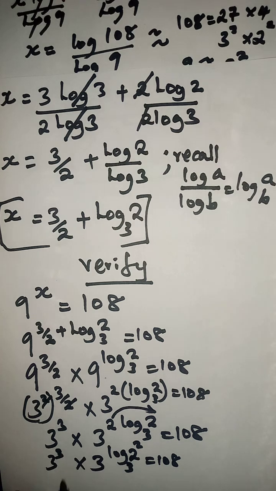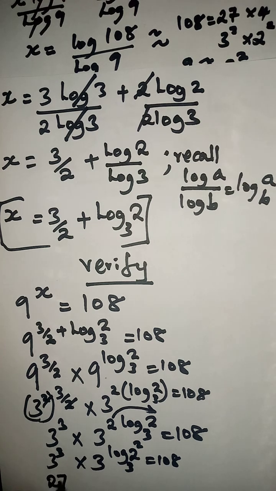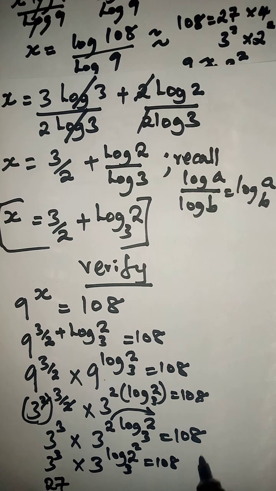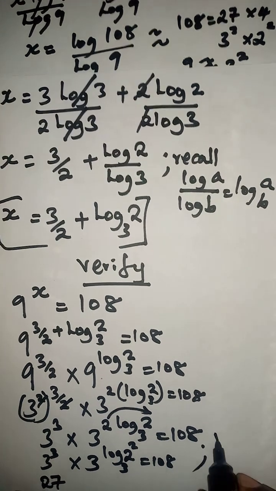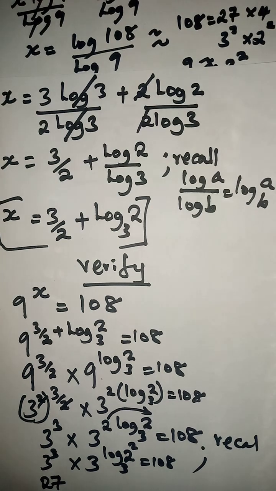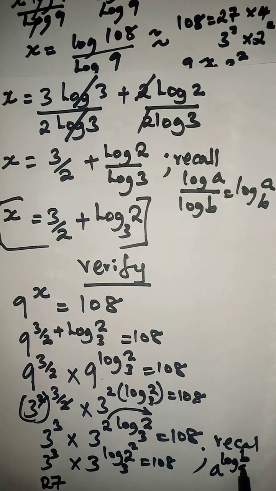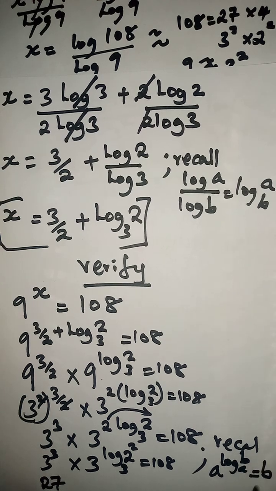I know 3 raised to 3 is 27. 3 cubed is 27. And then you also need to recall again that wherever you have a to the log of b base a, this automatically is equal to b, since the bases are the same.